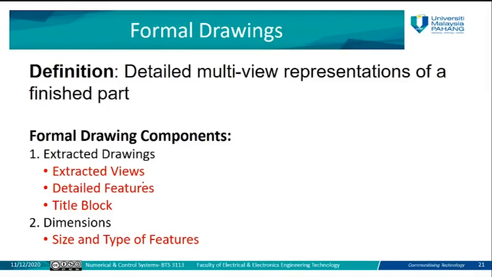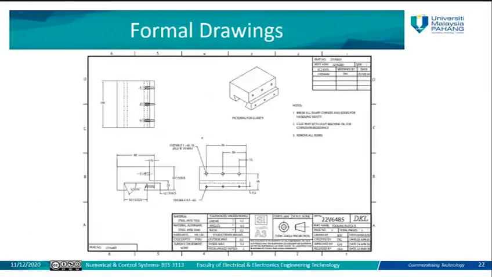This is a sample formal drawing. This is the isometric view of the product. Then you have the front view, the side view, and the top view of the product, so the 3 types of views are for the 3 sides: from the top, from the front, and from the right side.